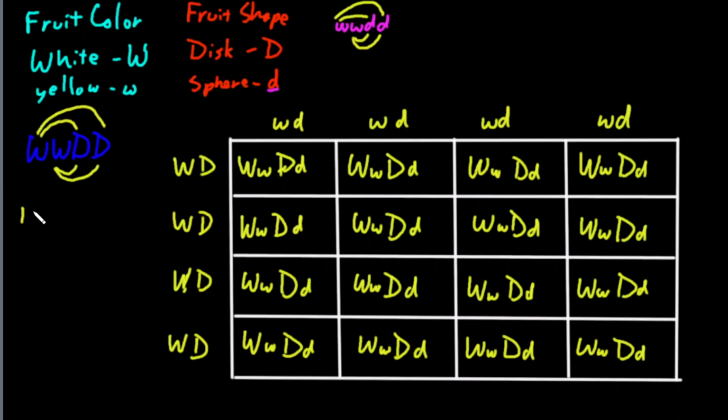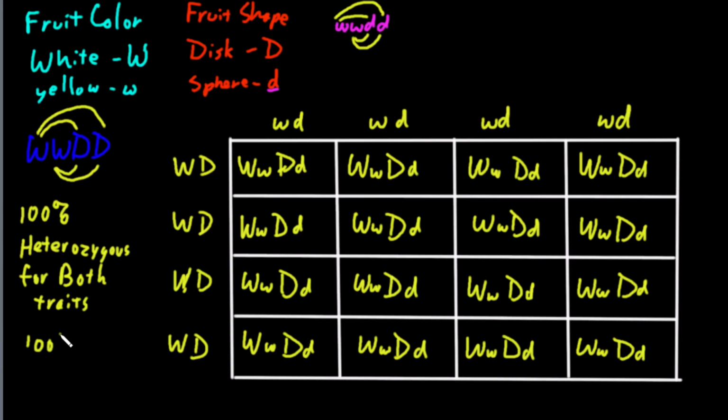So that is going to be 100% or 16 out of 16 heterozygous for both traits. And it will also be 100% white disc-shaped fruit.